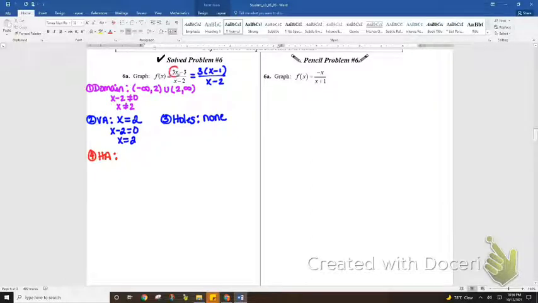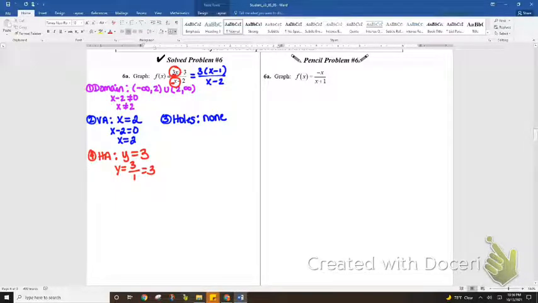Where's my highest power of x? Well, it's both. So remember, that means it's a ratio of their coefficients. So it's going to be y equals the leading coefficient of the numerator, which is 3, over the leading coefficient of the denominator, which is a 1, and 3 over 1 is 3. So our horizontal asymptote is at y equals 3.